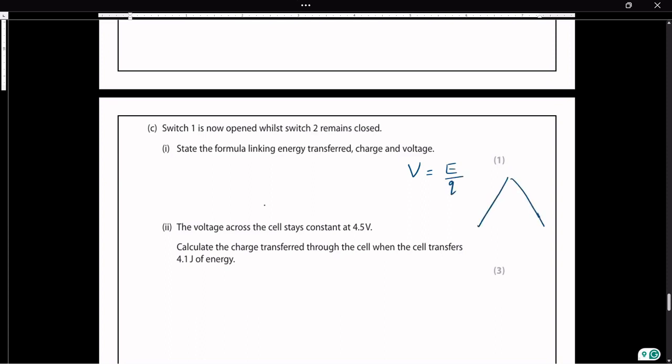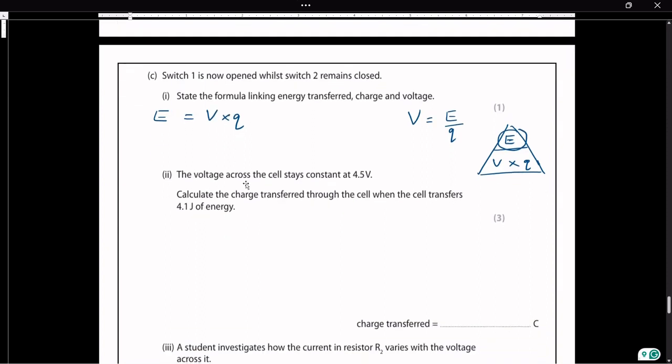For those who use a triangle, it's energy at the top, voltage times Q. If you want to calculate energy, cover the energy letter, and the rest of the equation appears as V times Q. So energy is the product of voltage and charge.